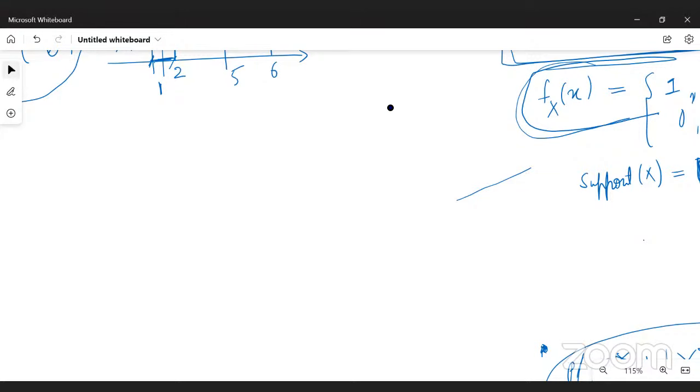So the time until which the first event occurs. Such kind of situation we model using exponential. The way you see geometric in the discrete world, you will have to see exponential in the same way in the continuous world.